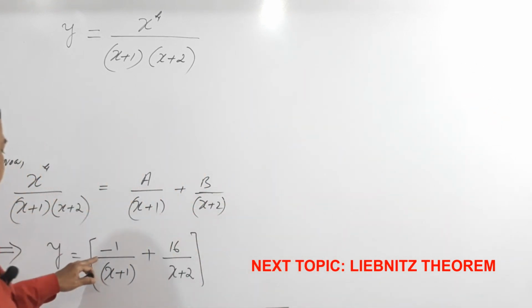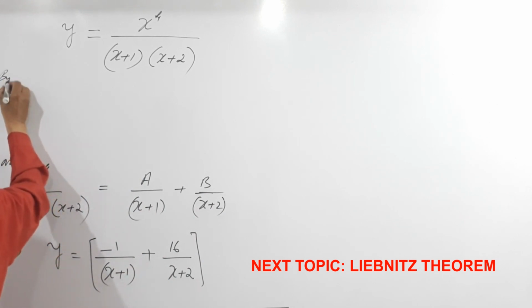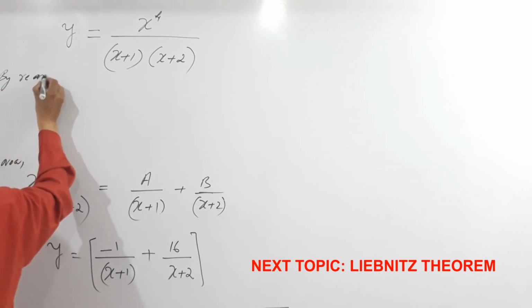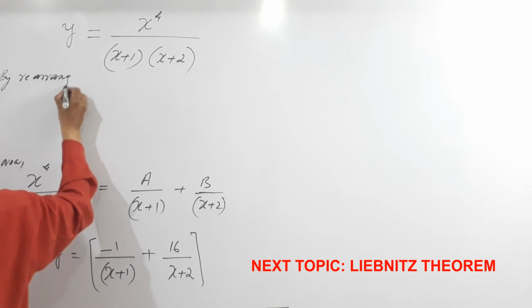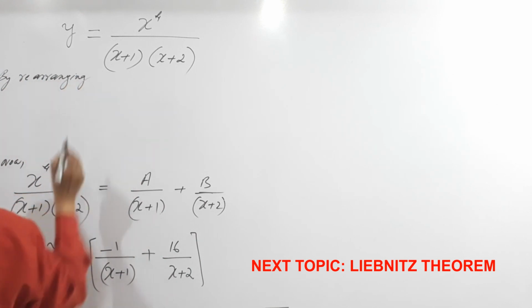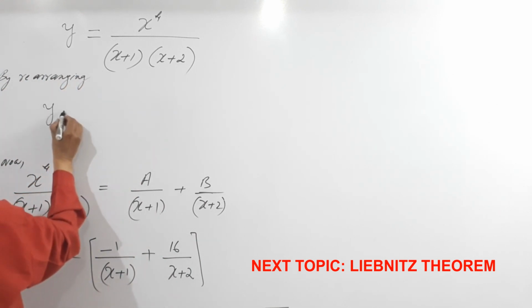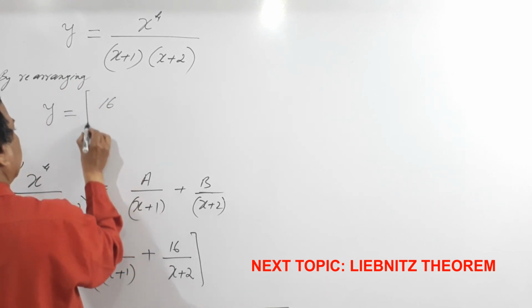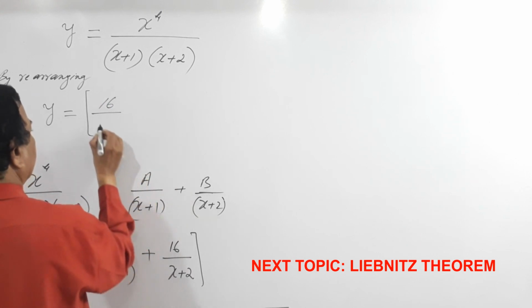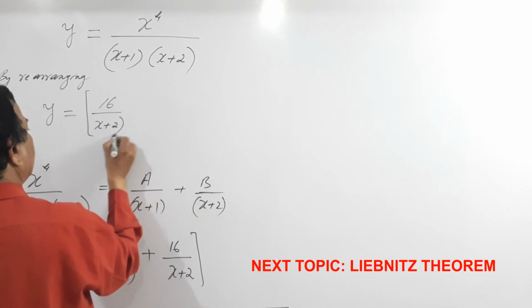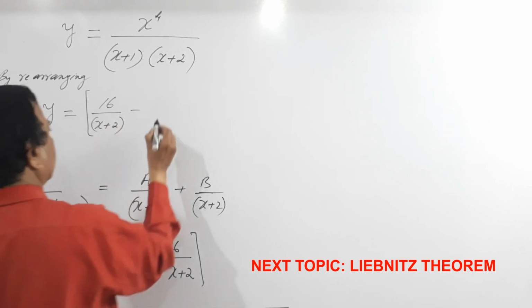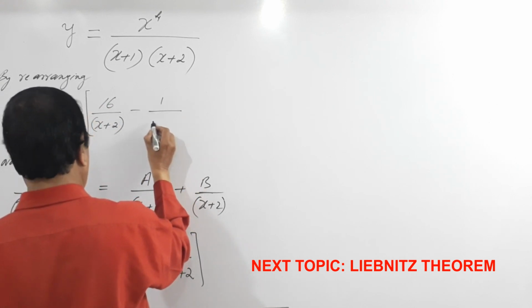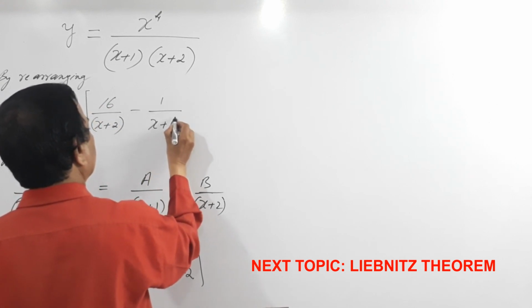I don't want this minus sign to begin with, so I'll rearrange this. y equals 16 by (x + 2) minus 1 by (x + 1).